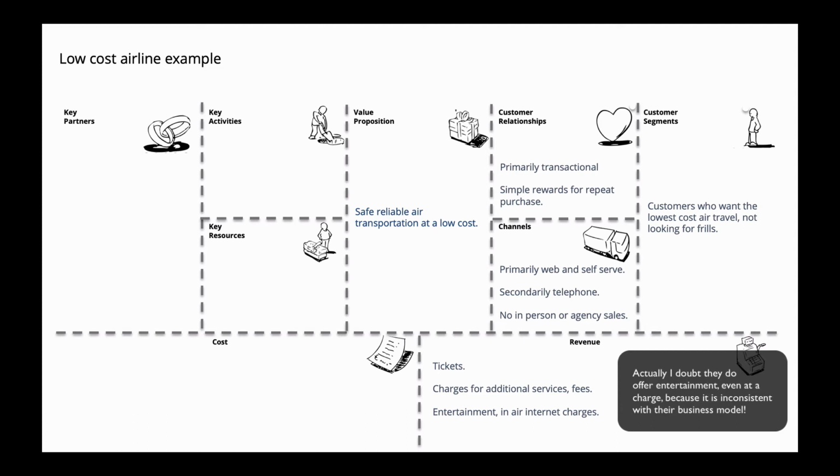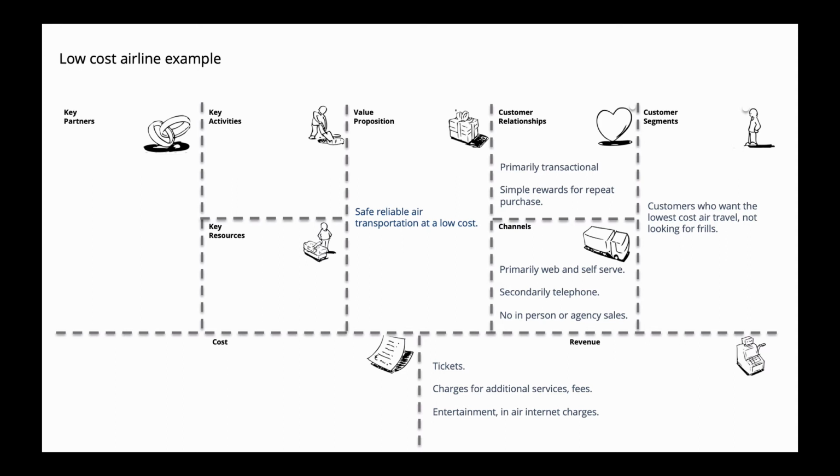So then think about, all right, what do they need to do to deliver that? Well, obviously their key partners are airline manufacturers, airports, in-air service providers, right? So these are the partners that they have to work with. And their key activities are to fly planes, essentially. One of their differentiating factors at Southwest was quick turnarounds at the airport.